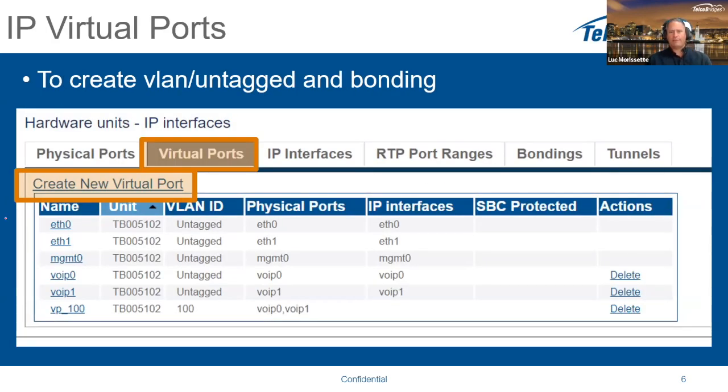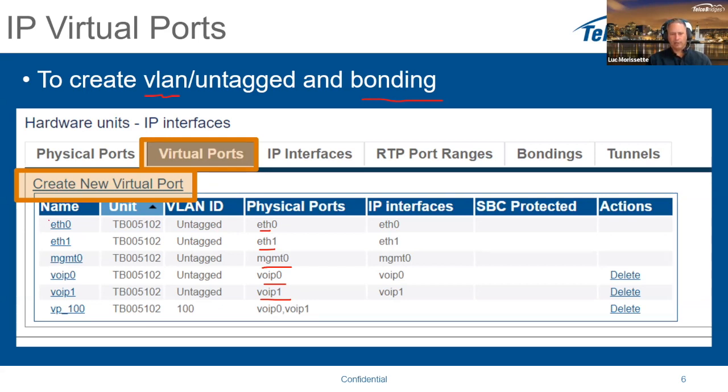The second thing you have here is the virtual ports, and these are used to create your VLANs and your bonding. The default configuration has VoIP 0, VoIP 1, and all these ports as untagged links. But if you want to create these under other VLANs or with bonding, then you need to add new virtual ports.